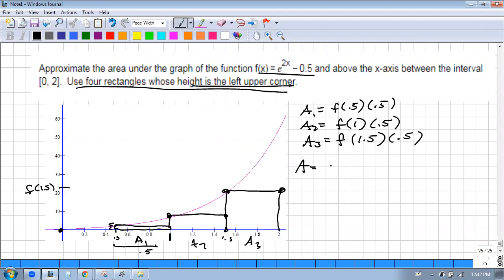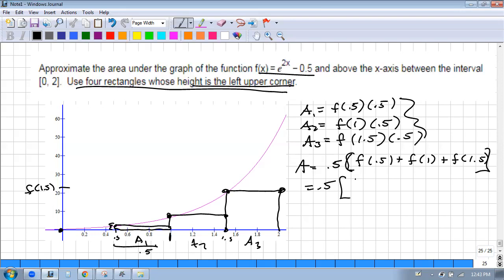So the total area, here's our function, they're all times 0.5, so it's 0.5 times f of 0.5 plus f of 1 plus f of 1.5. So f of 0.5 is e to the 2 times 0.5 minus 0.05.